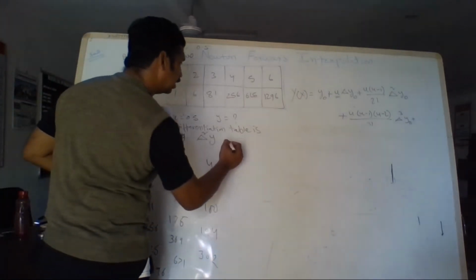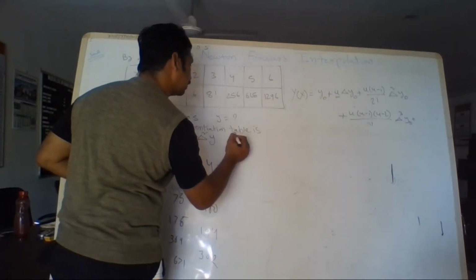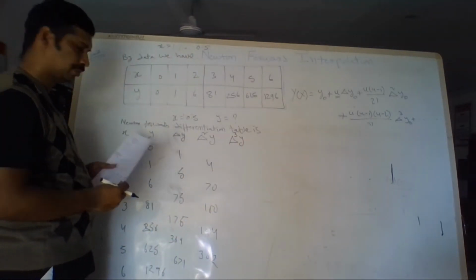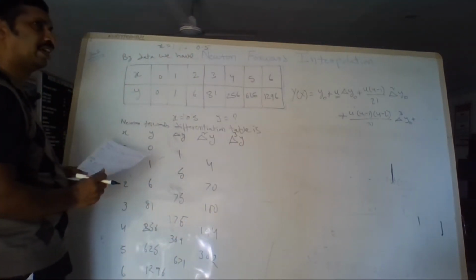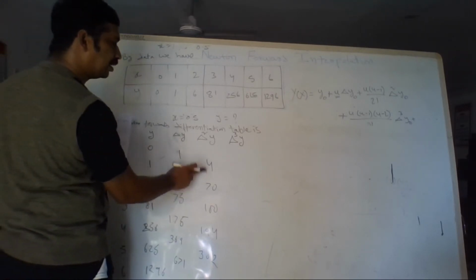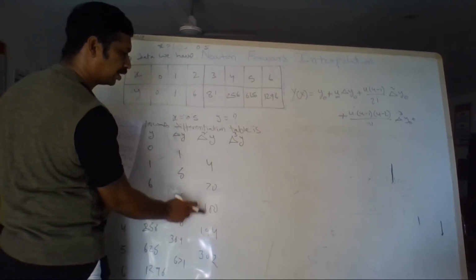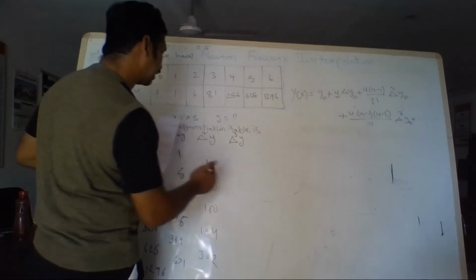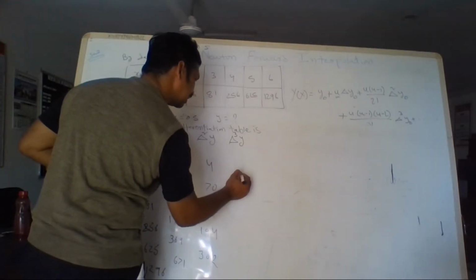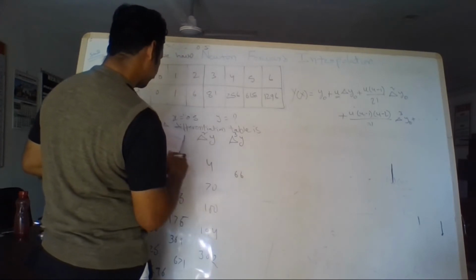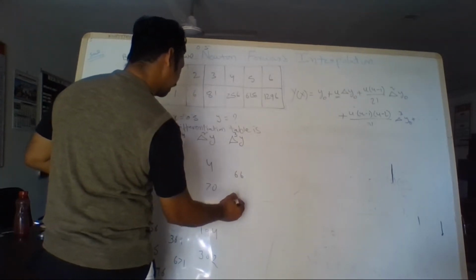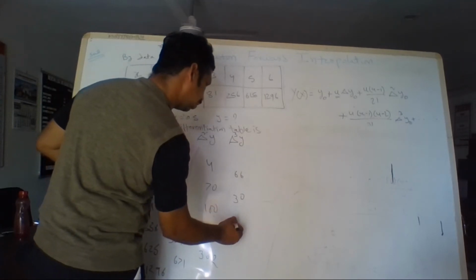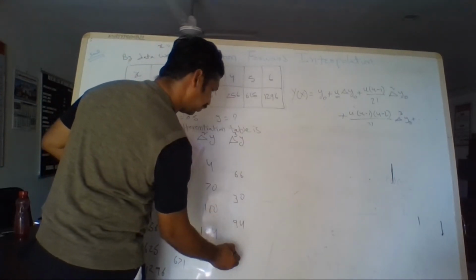Next, delta cube y. The values of delta cube y are 70 minus 4, 100 minus 70, 194 minus 100, 302 minus 194. We will get delta cube y as 66, 30, 94, 108.